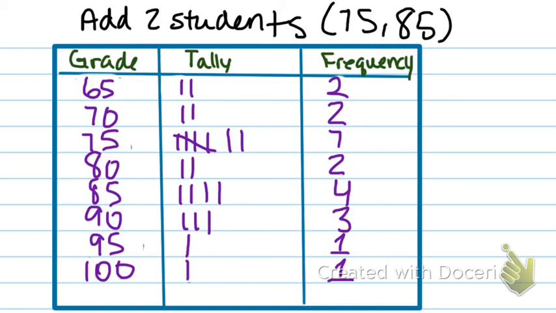Now again, I can use this information to help me analyze my data. So if I look at my data here, I can count up my tally marks, or I can add the frequency for different categories that I want to look at. Let's say that again, I want to look at how many students made B and above versus those that did not. So first I would count all those that made B and above, and that looks like I've got 11 students.